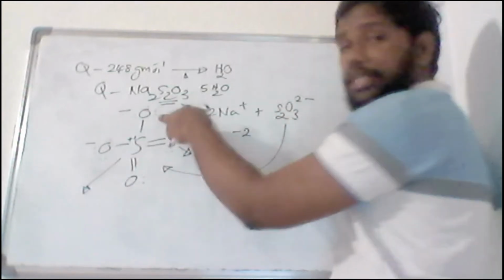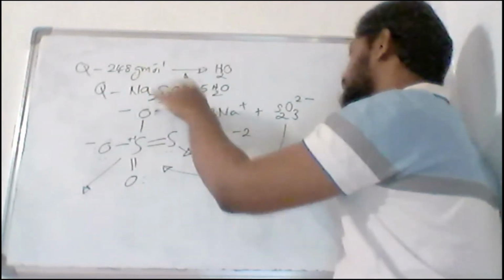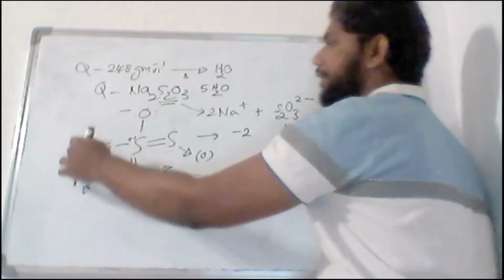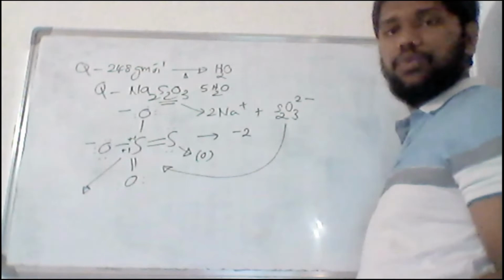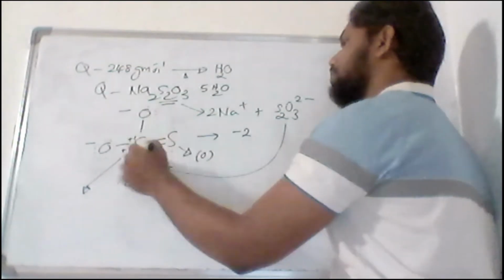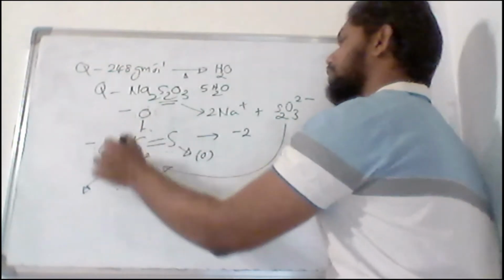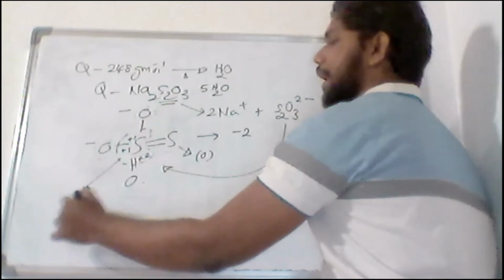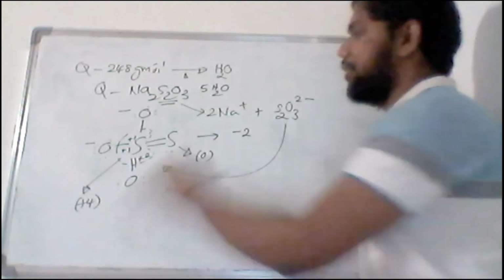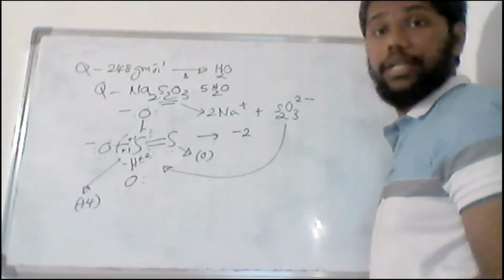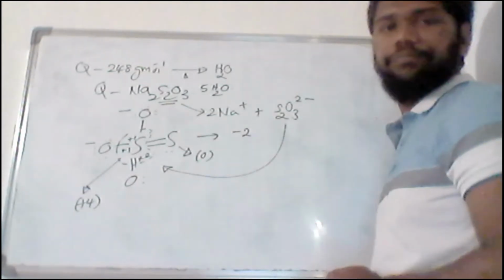Oxygen is electronegative in this case, so this will go -1, this will have +1. Here it is the same, -1 +1. And here each bond will give -1. So -1 +1, -1 +1. So it is +2. So the central sulfur atom here has an oxidation state of +4, right? So this is a little bit of additional information that you can take from this Lewis structure.